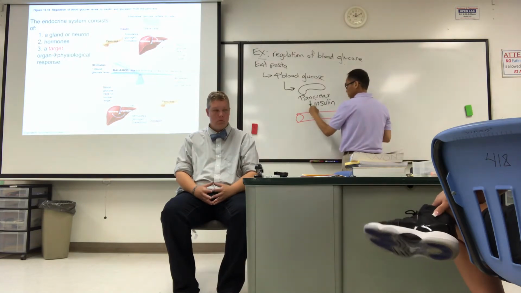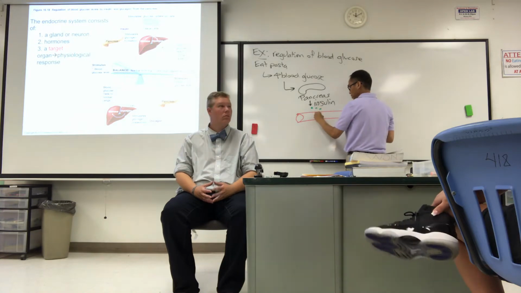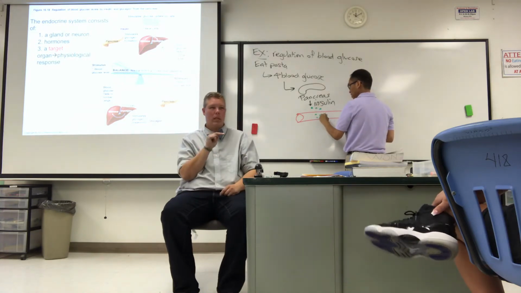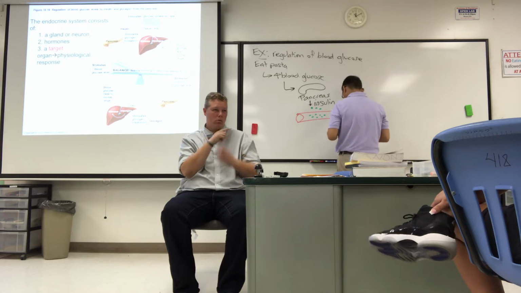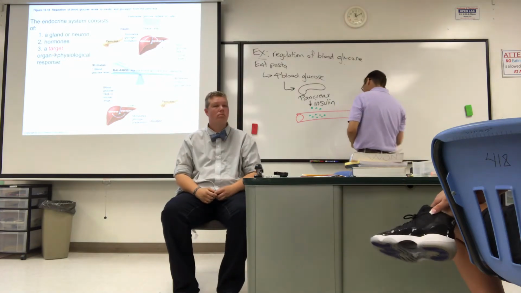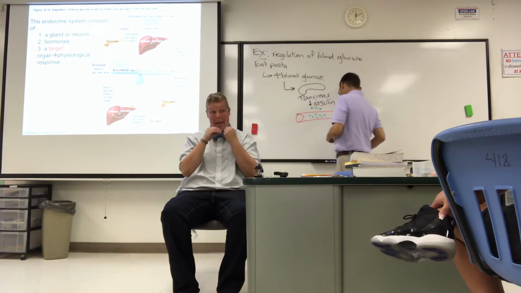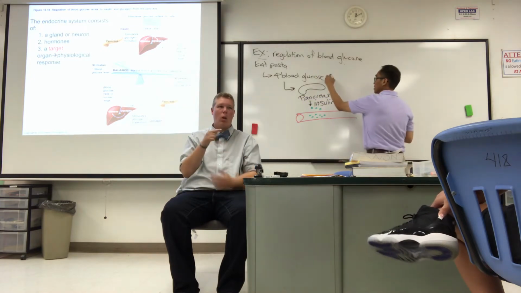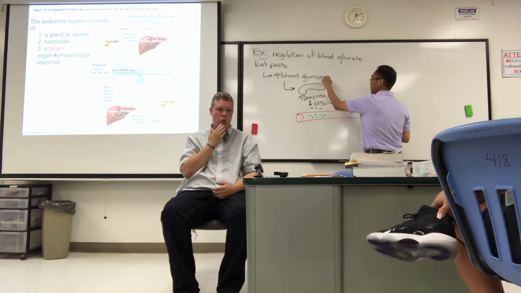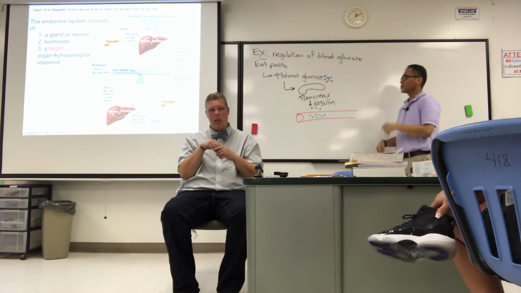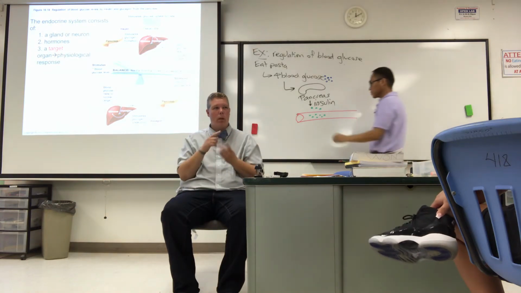Maybe insulin, I symbolize that with these green balls, they enter the bloodstream. Let's preface this by saying, when you ate, let's say glucose was already in the bloodstream. Let's say glucose is the blue balls. So let's put the blue balls in there.